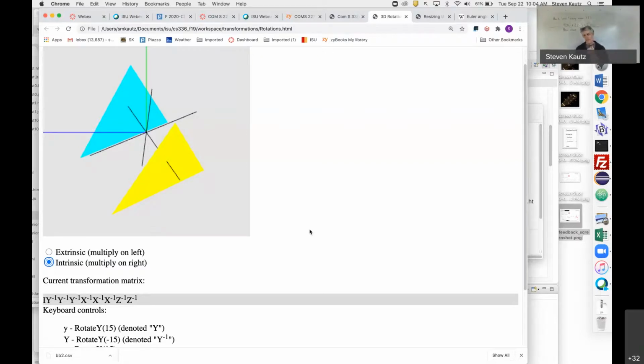Okay, so we will see eventually that when you're talking about the orientation of, say, a first person in a game or something like an airplane or a vehicle, this notion of head, pitch, and roll can be a useful way to think about things.